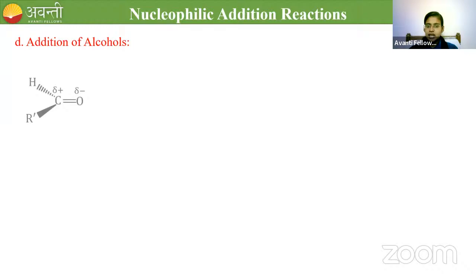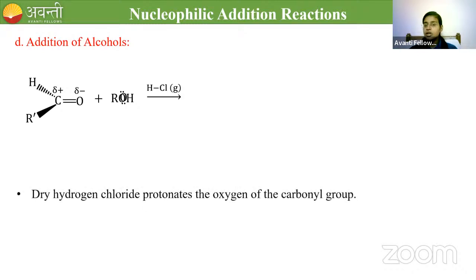So I am taking an aldehyde of formula RCHO, and I am going to add the alcohol. The general formula for alcohol is ROH. I am going to add this in presence of HCl. What does this HCl do? This dry hydrogen chloride gas protonates the oxygen of the carbonyl group.